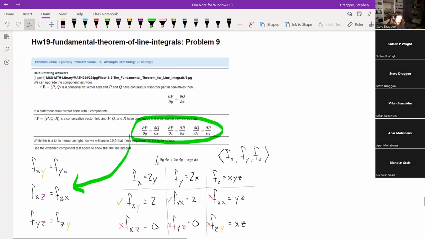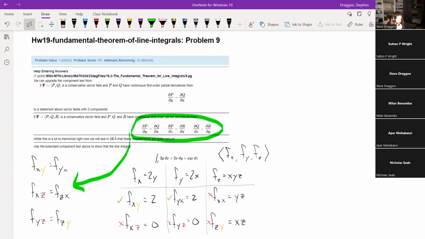All right. I said earlier that I'd save checking for a conservative vector field for later, and here's what I meant.